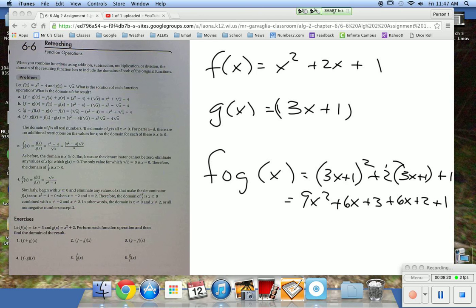And I'd reduce it down: 9x squared, combine my 6x's to get plus 12x, and combine my 3, my 2, and my 1 to get plus 6. That would be my f of g of x. So the tough part really comes in when you start doing stuff like this.